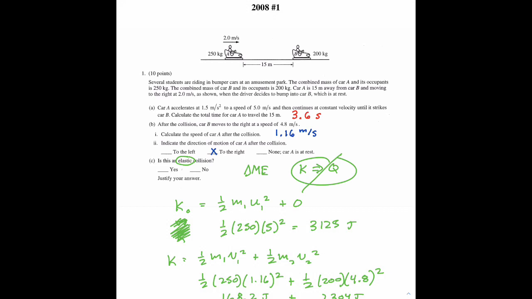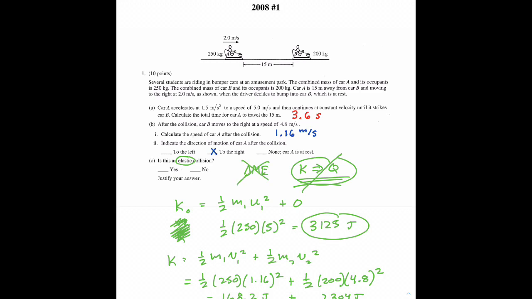So if we add those together, we find that the total final kinetic energy is 2,472.2 joules. When we compare that value to the initial kinetic energy before the collision of 3,125, we can see it falls short. So, there was some amount of kinetic energy that must have been wasted as thermal energy.